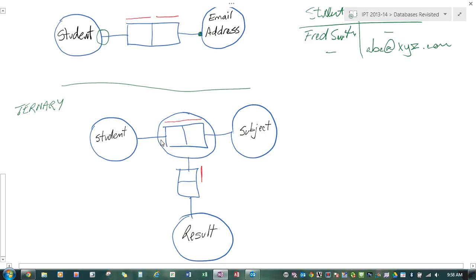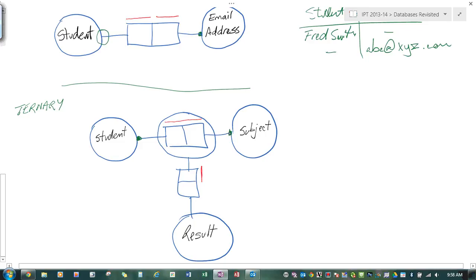These ones are generally speaking compulsory. So can a student in a subject, so if we record the student, do we need to record their subject? Yeah, you do. Does a subject, so we record geography, IPT, whatever it is, do we need to have a student recorded beside that?